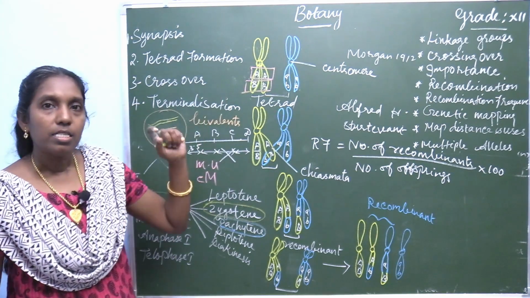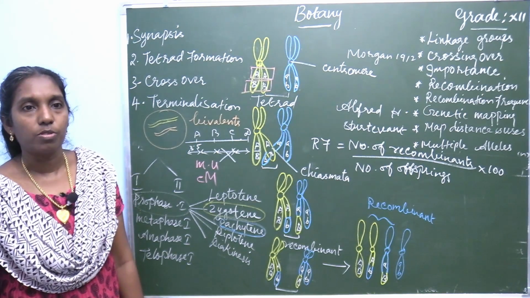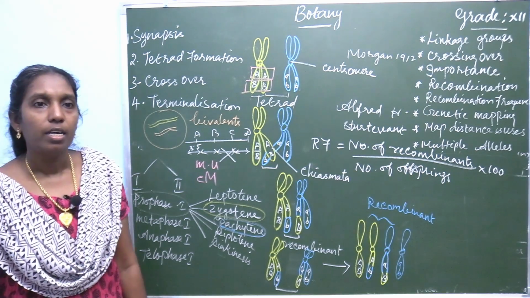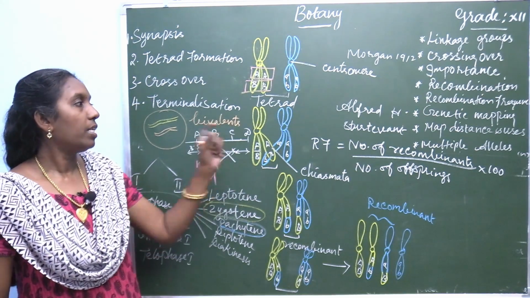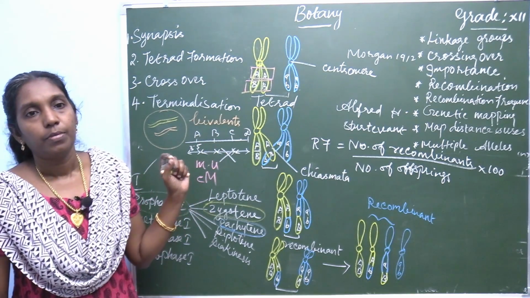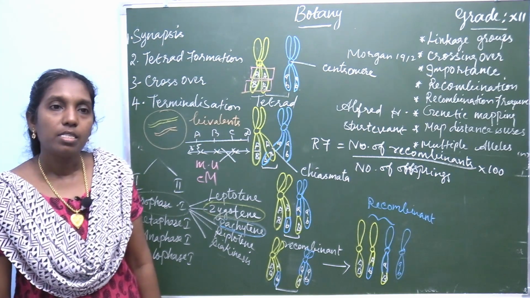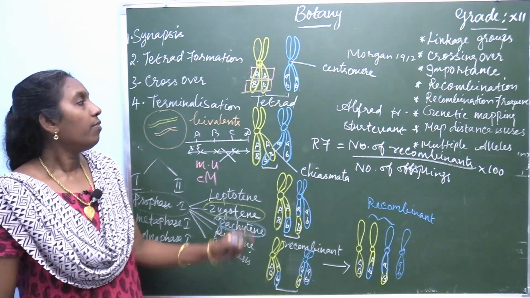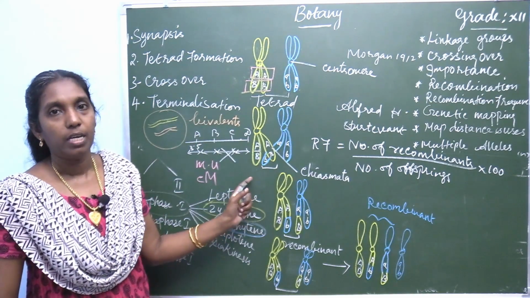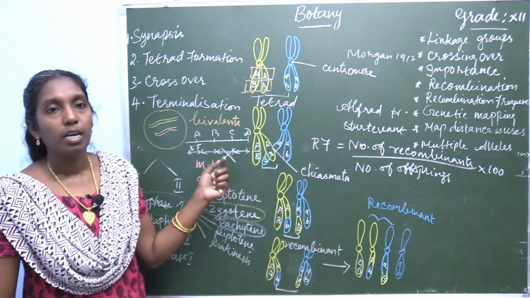These multiple alleles always occur in homologous chromosomes, and always occupy the same locus. Multiple alleles always occur in the same locus. There is no crossing over in multiple alleles. If it is wild type, which exhibits only the wild type, there is no interchange. But mutant varieties give the interchange.